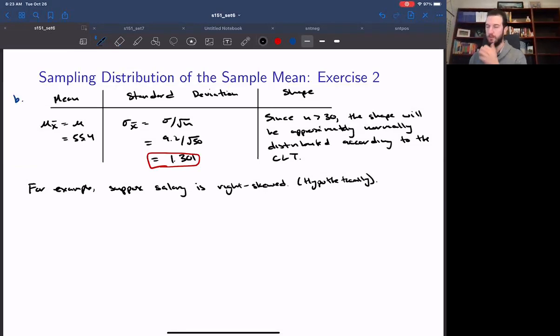So as an illustration, we don't know the shape, just for example.